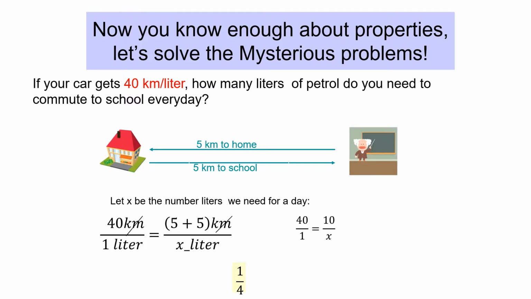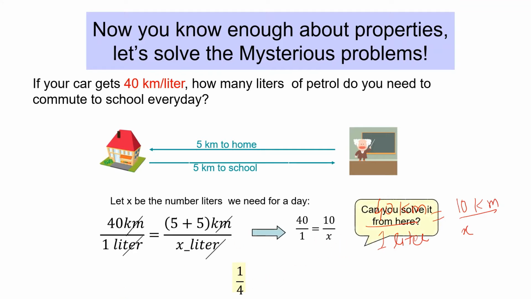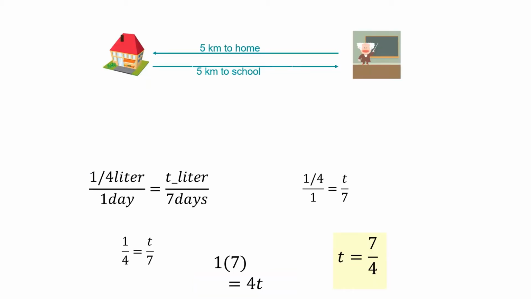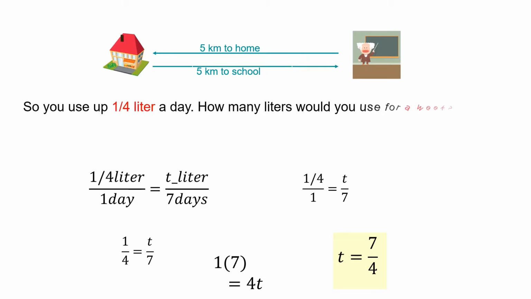So we can write 40 km per liter, that means 1 liter, is equal to the total distance, 10 km, divided by x liter. So we can write 40 divided by 1 is equal to 10 divided by x, and the answer is 1 by 4 liter. So you use 1 by 4 liter per day.